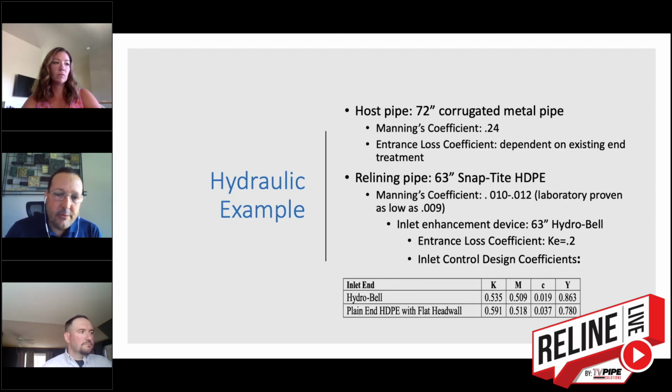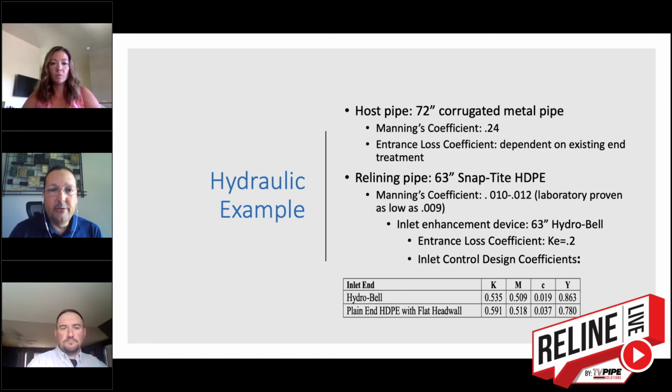The one thing, to back up a little bit to follow up on what Don says, is we know we can put a reducer on a pipe and it improves the flow. The difficulty we have with using that is that we can't quantify it as well as using a HydroBell. Now, I didn't put a picture of a HydroBell specifically, but we have an animation on the website.